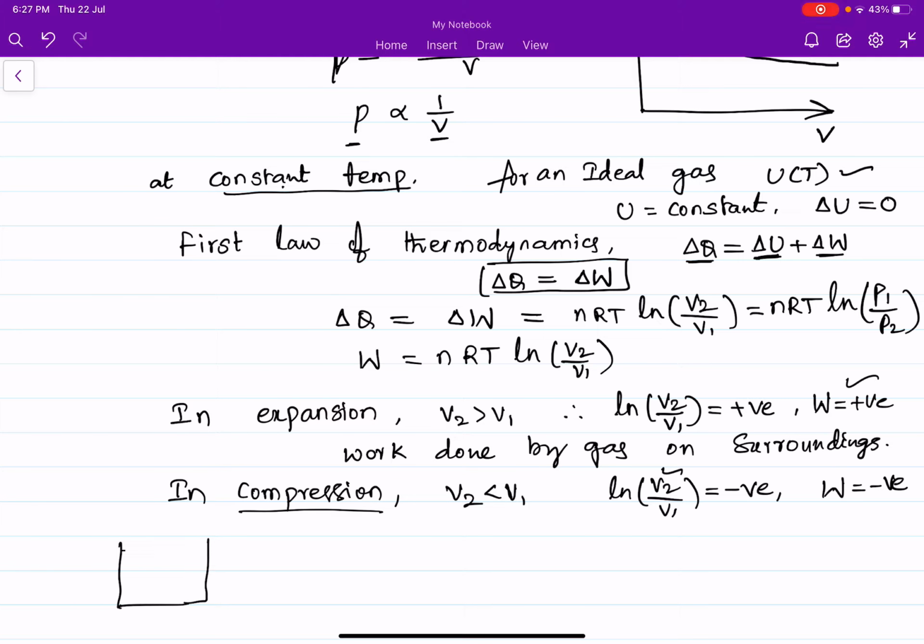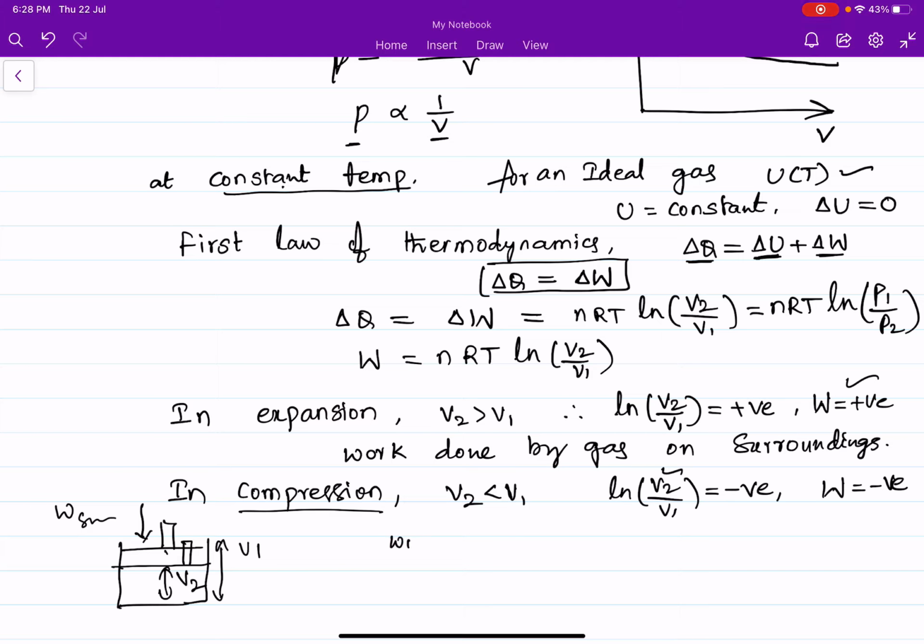When does compression take place? Consider this is a piston. Compression takes place only when work is being done by the surroundings on the system. Whenever work is being done by the surroundings on the system, only then will the gas be compressed from initial volume V1 to final volume V2. So in this case, work done is negative.